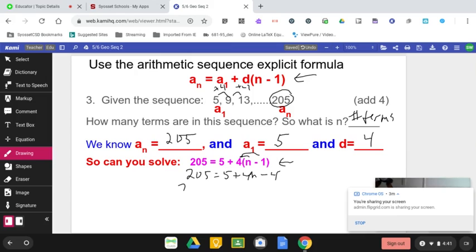Combine like terms. So again, we'd have 205 equals 1 plus 4n. We'd subtract 1 from both sides. That would give us 204 equals 4n. And we'd divide both sides by 4, which would give us 51 equals n. So there would be 51 terms in the sequence.